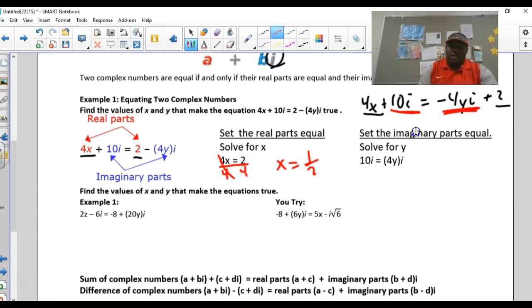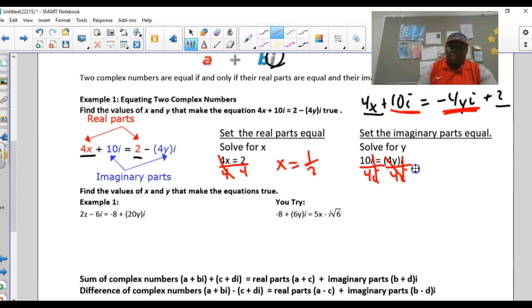Over here, you set the imaginary parts equal to each other and solve for y. Since we're solving for y, isolate the y by dividing by 4 and the i. The 4 and the i cancel, and now I have 10 over 4.